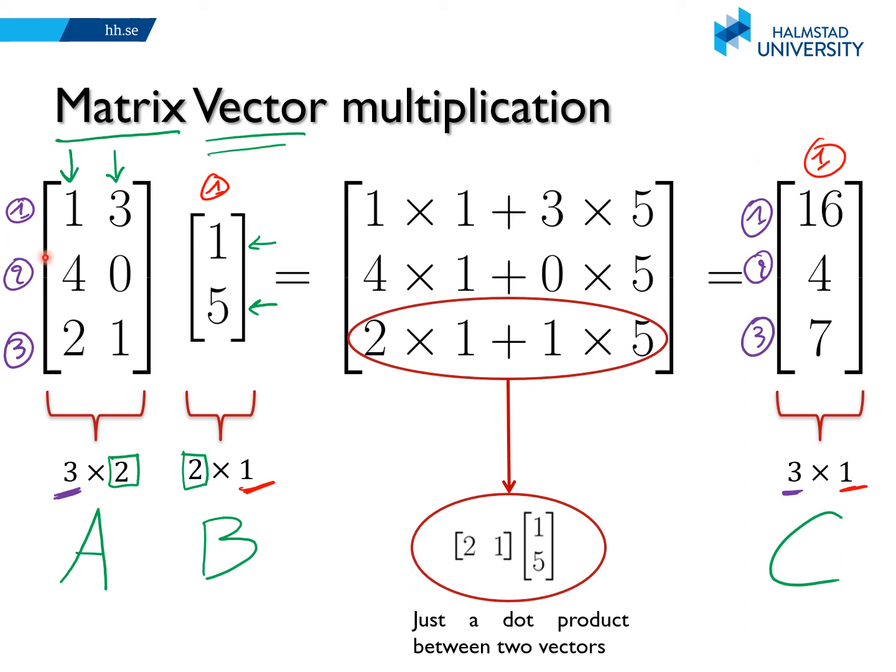And then the second row by the first column: 4 times 1 plus 0 times 5, and this gives you 4. And so on. The dot product between this and this: 2 times 1 plus 1 times 5 gives you 7. Then the third row, first column.